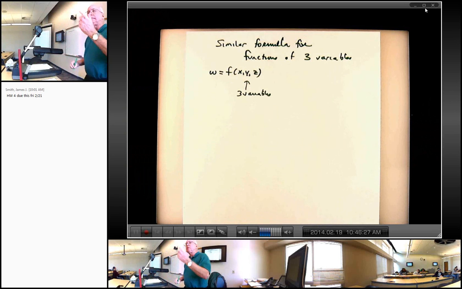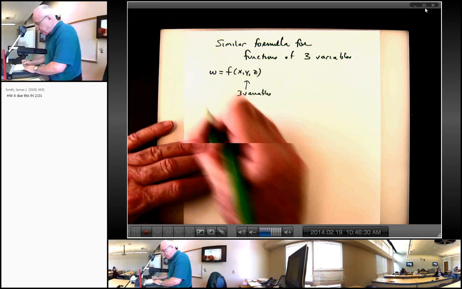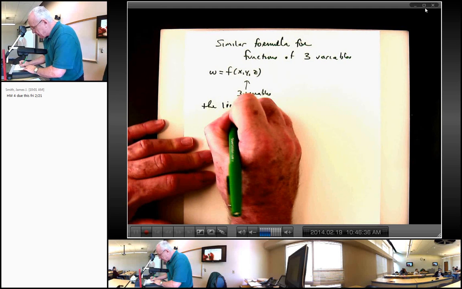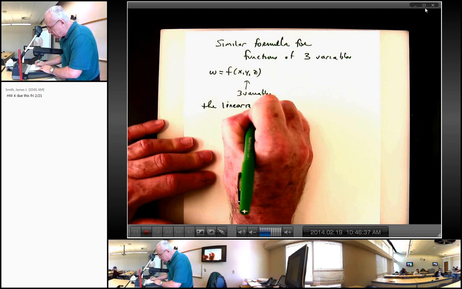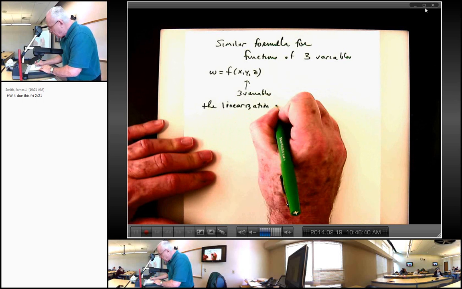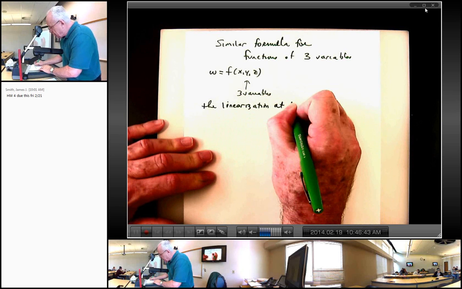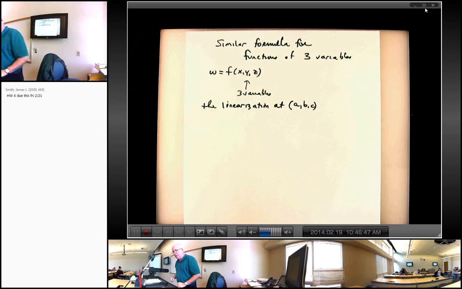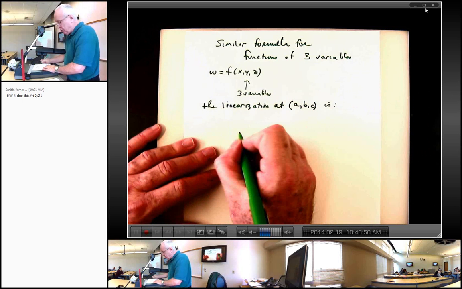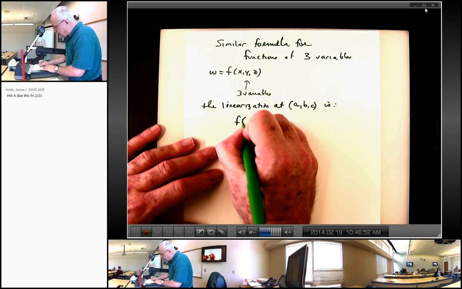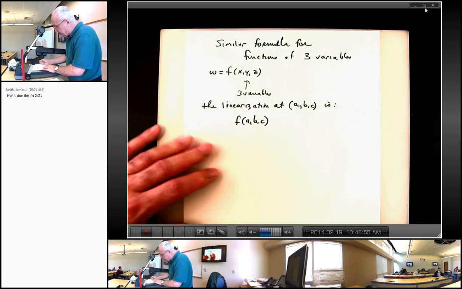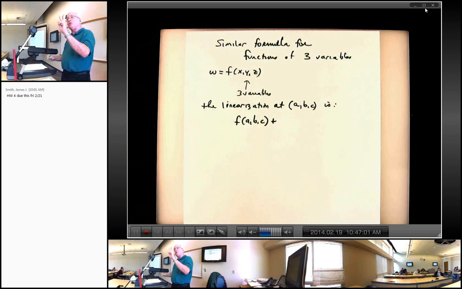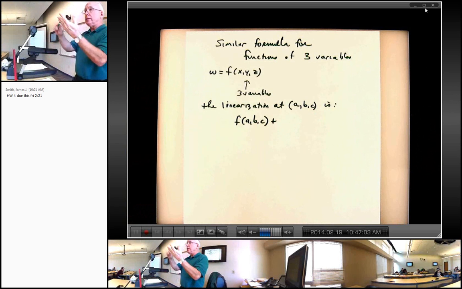First of all, let's look at the linearization at, let's say, the point (a, b, c). It's basically our function value at (a, b, c), plus, now we have 3 partial derivatives, an x, a y, and a z.